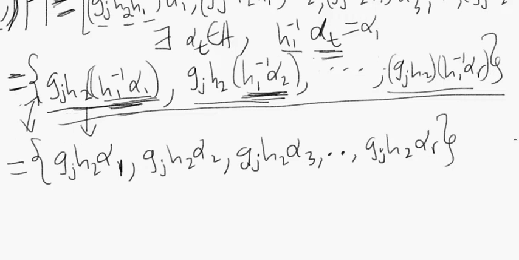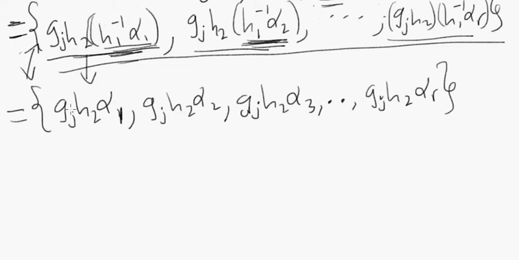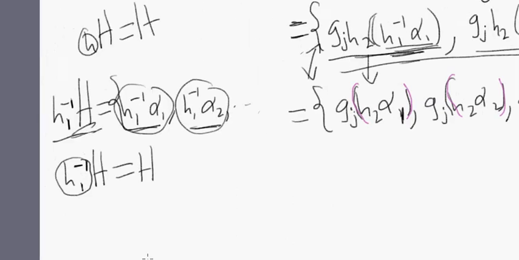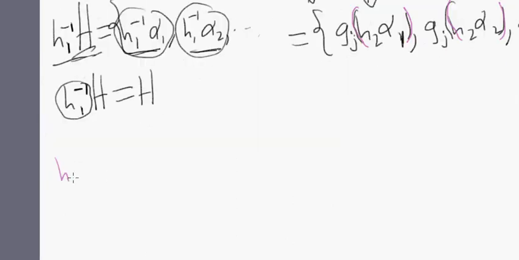And now we notice something again. We have h2 times alpha 1, h2 times alpha 2, h2 times alpha 3, h2 times alpha r, right? We're multiplying all of them by gj. Let's use a different color. If you consider just the things in the purple bracket, it's really the same as getting h2 and multiplying H by it.